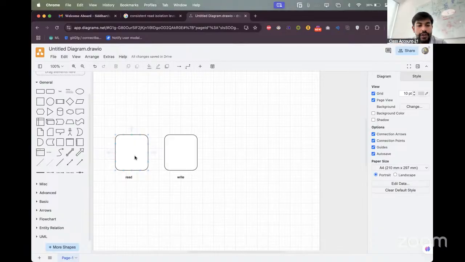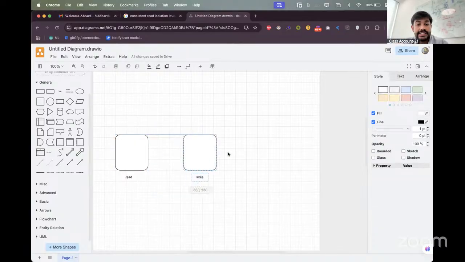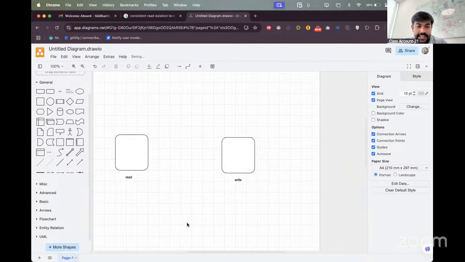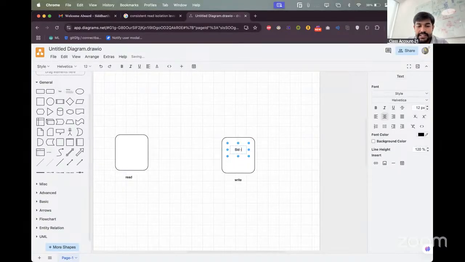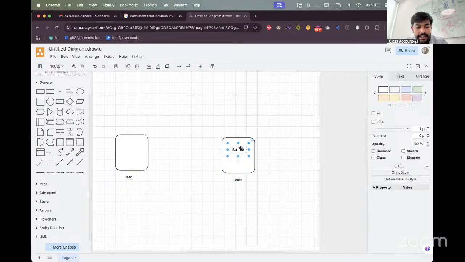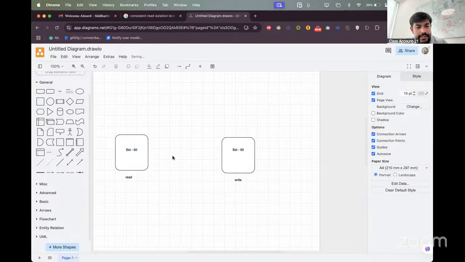Now I told you that they both have the same data. So let's say as of now Siddharth has a balance of 50 rupees. So here also it would have the balance of 50 rupees. Here also, and here it should also have the balance of 50 rupees. That is why this is there. Now, there is a question.